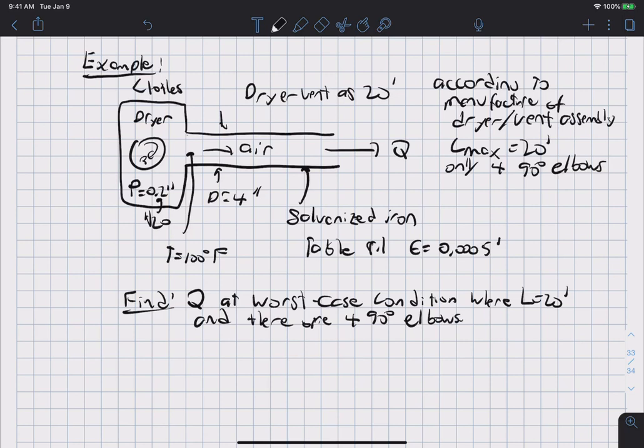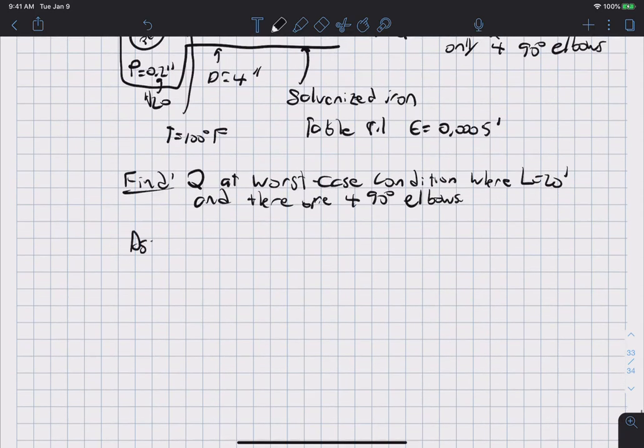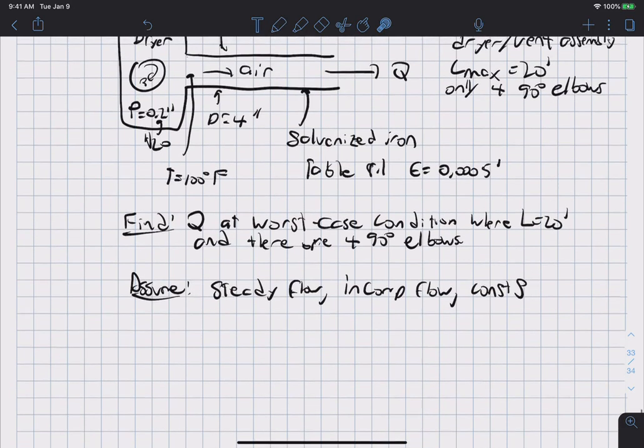We're going to assume, as always, steady flow, incompressible flow, and constant rho. This isn't too debilitating of an assumption, because you would intuitively expect the high temperature air to cool down as it leaves the dryer vent, but it's actually not going to cool down that much to where it's going to affect the flow too much.